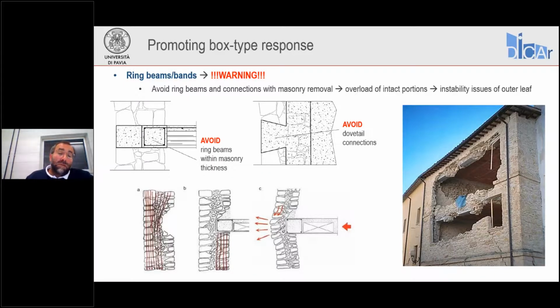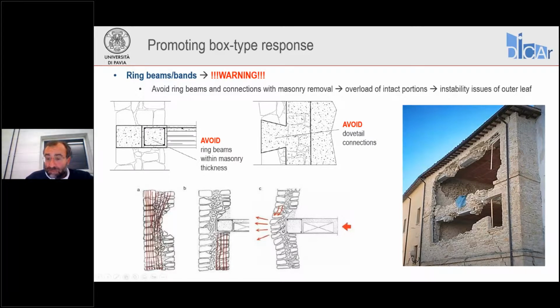Well, when an earthquake attacks, our floor will try to move horizontally because of its inertia. It will push against the exterior leaf, which is highly stressed in compression and which is prone to buckling. And so we risk to have kind of an explosion of our masonry outwards, and you see what happens, like in this case shown here in the photo.